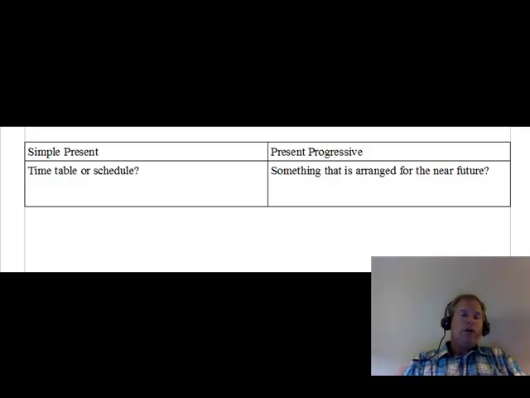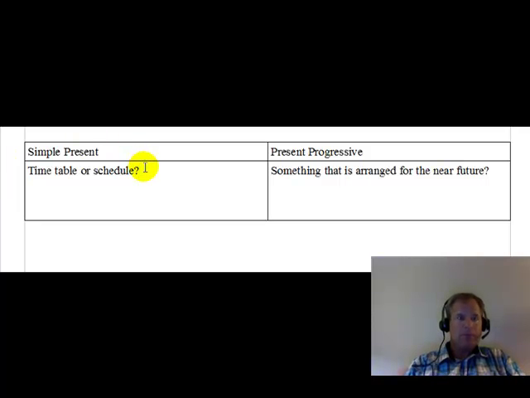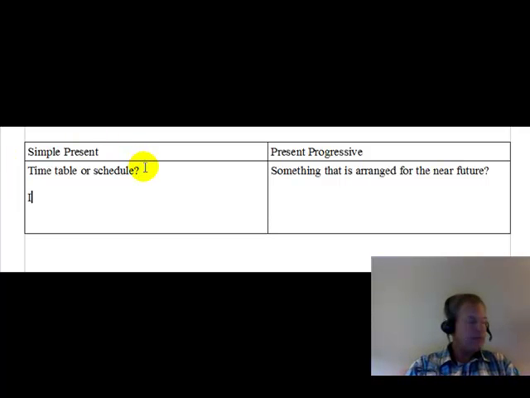Okay, so the next question would be, are you discussing an action or activity which is set to a particular timetable or schedule? For example, you might say, the movie starts at 8 p.m. So that's a particular timetable.